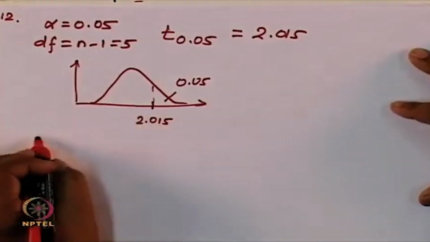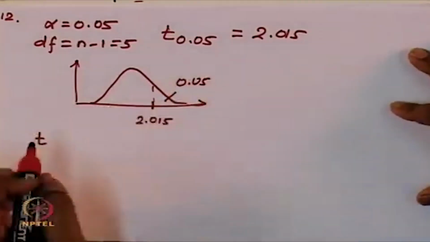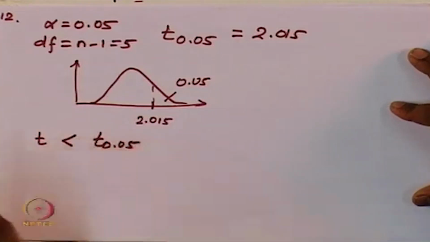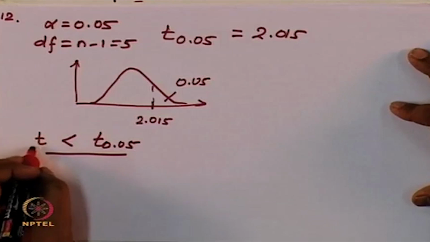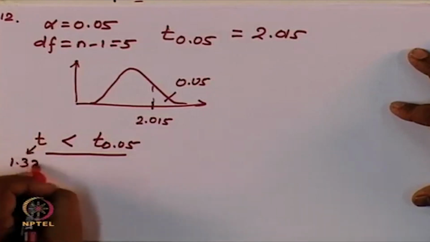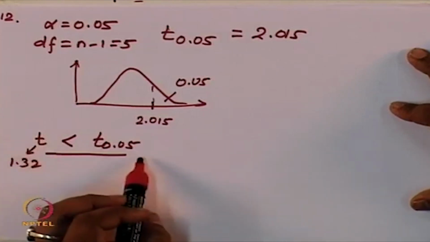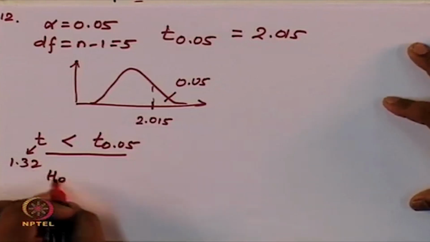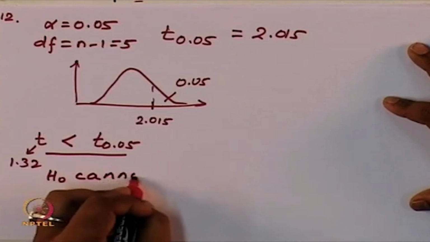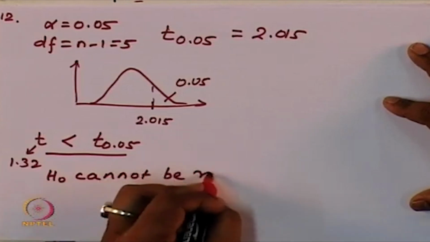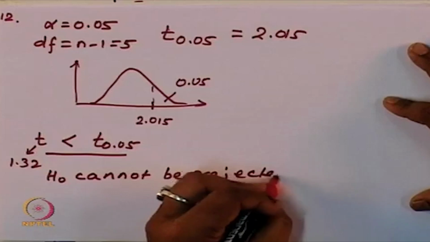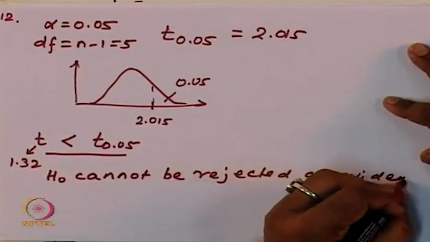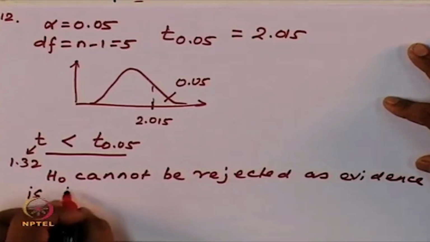But our calculated t is 1.32, which is less than t of 0.05. So, I can conclude that H naught cannot be rejected, as the evidence is insufficient.